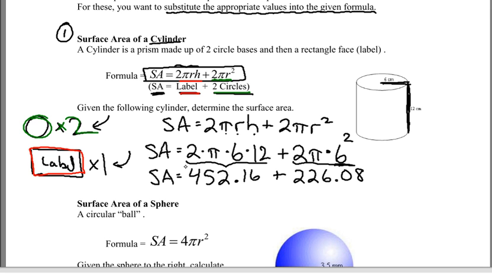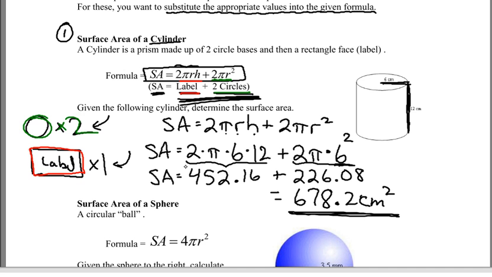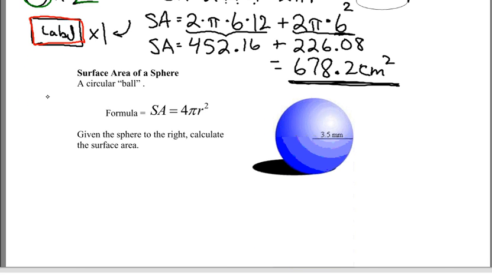So if I round it to 1 decimal place, we end up with 678.2 centimeters squared. Formula is given, 2 pi rh for the rectangle plus 2 pi r squared. Understanding what each part represents is going to be important. We'll see in a couple minutes.